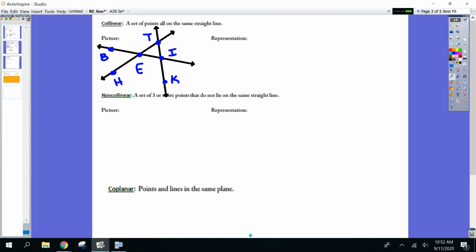So here's what I'm going to ask somebody right now. Points blank, blank, and blank are collinear. And I need your help.